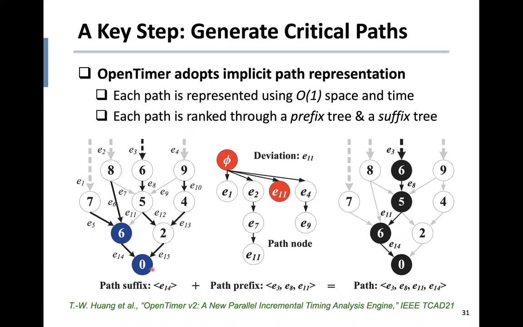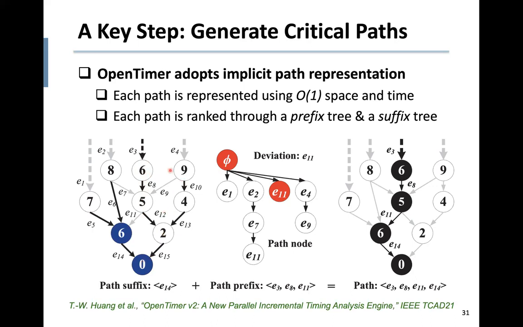In most cases, it can be the data pin of a flip-flop or the primary output. So starting from each node in the suffix tree, it leads to the suffix of the shortest path from that node. For example, if you start from node 6 over here and you follow the black edge all the way to node 0, this is the shortest route from node 6 to node 0, okay? Because it's the shortest path tree.